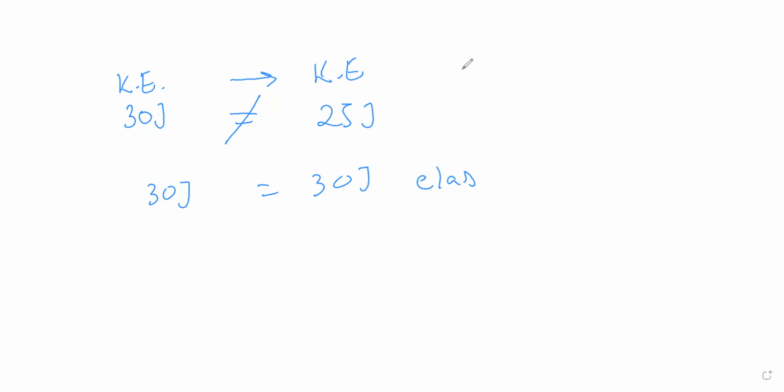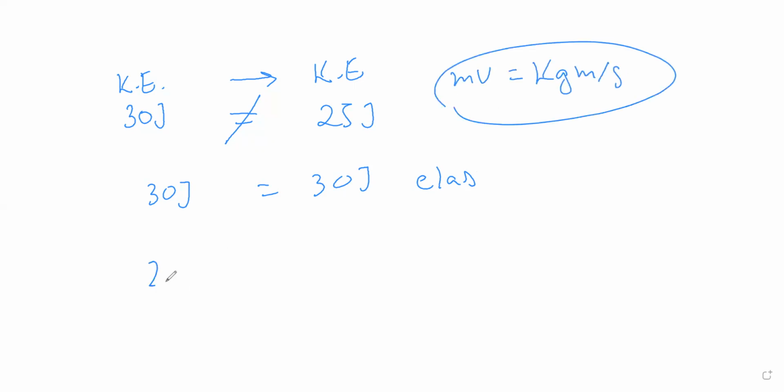And the unit of momentum, mv, is kilogram meter per second, right? Suppose momentum is 20 kilogram meter per second. After collision, it will be 20 kilogram meter per second, whether it's an elastic or inelastic collision. Kinetic energy is not conserved in the inelastic system.